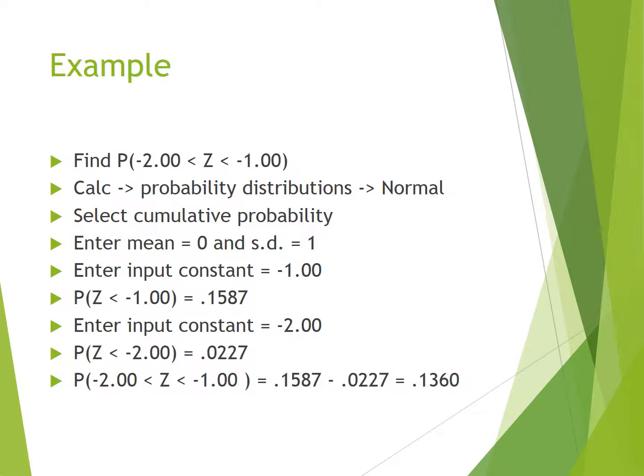Then I'm going to go back to Calc, Probability Distributions, Normal, and I'm going to put the input constant being -2.00, and I get 0.0277. So the area in between those two values, or the probability that z is between those two values, is the larger value minus the smaller value, and I get 0.1360.